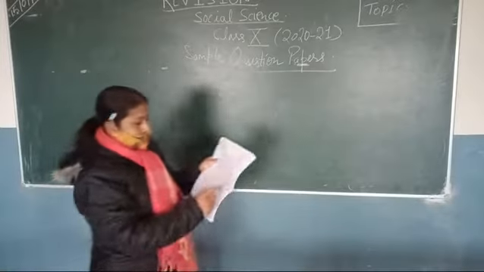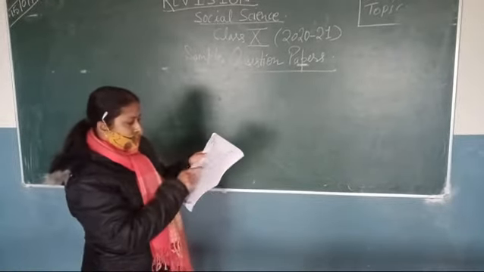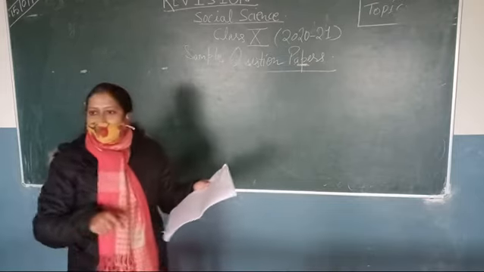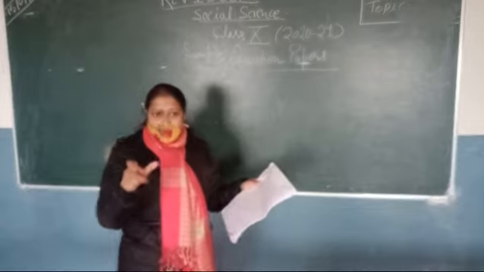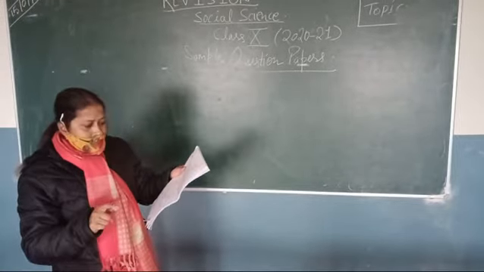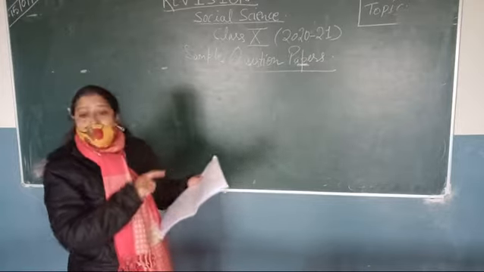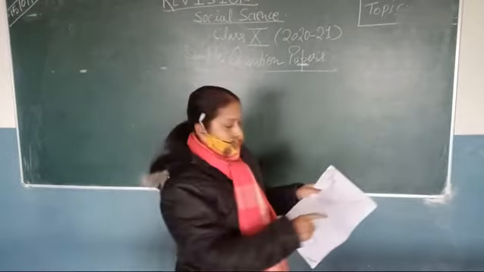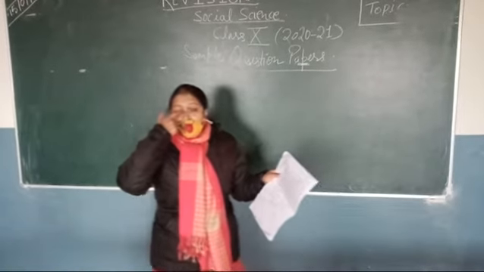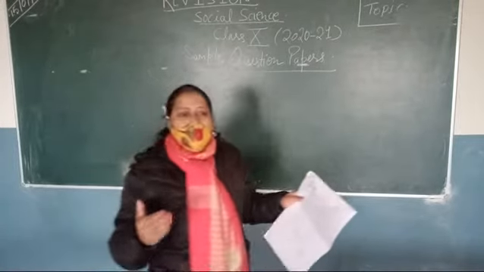So this code number, which is given on the right side of the question paper, should be written on the title page of the answer book, the answer book in which you will solve your question answers. You have to write this code number also, because this code number will be different from student to student, so that we can avoid cheating also.